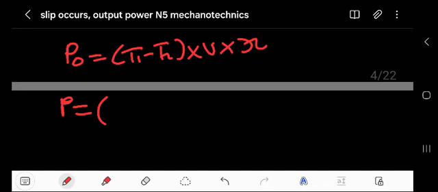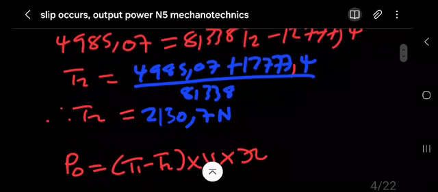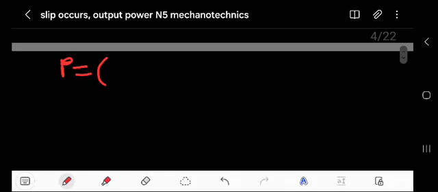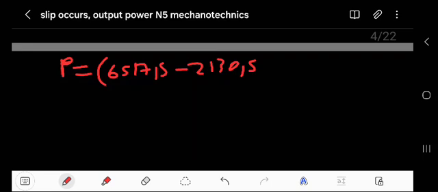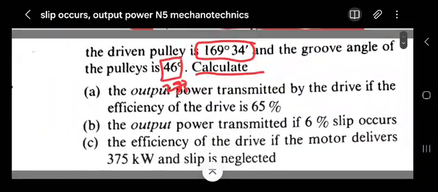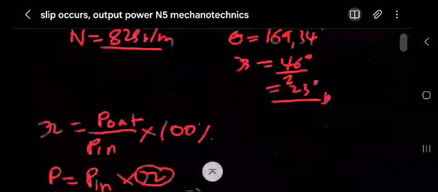T1, okay, T1 must always be big, isn't it? The velocity was 37.8, the efficiency 0.65, here is the efficiency, 65%.